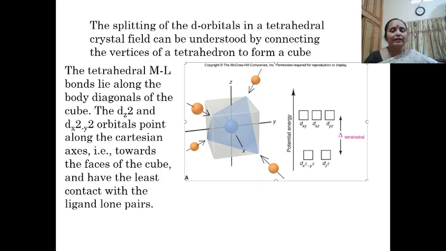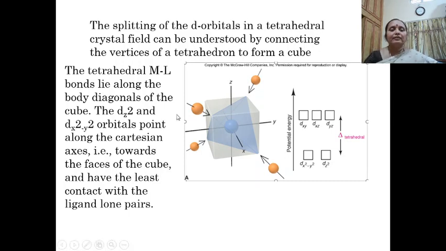So in the tetrahedral case, dxy, dyz, dxz form the T2 set, which has a higher energy, and these two, dx square minus y square and dz square, have a lower energy.